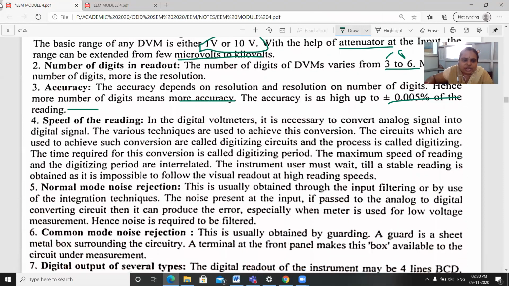Next, the speed of the reading. In digital voltmeters, it is necessary to convert the analog signal into a digital one, as I told. Various techniques are used to achieve this conversion. The faster the rate, the faster it converts analog signals to digital.